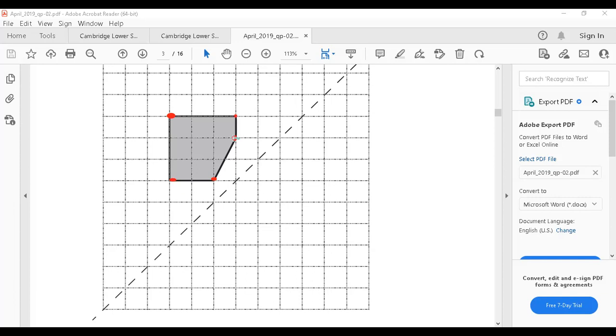This is away from the reflection line by 1 diagonal, so I will also go 1 diagonal. Here it's 1.5, so I will go half and 1. Here it's only half, so it will be only half for this part. This is 1.5, so 1.5 also.